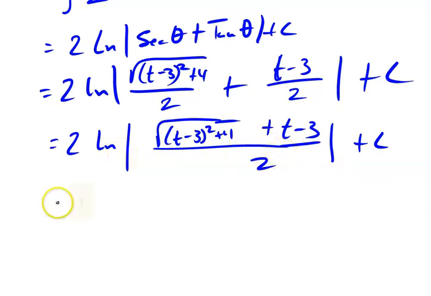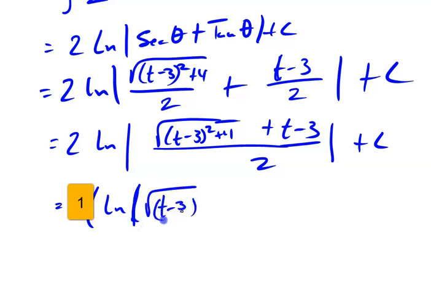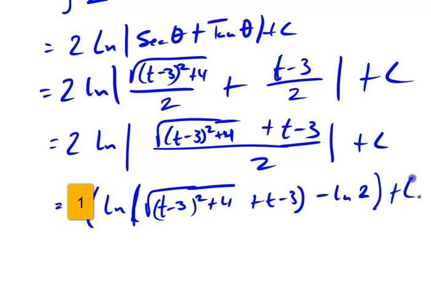So they can rewrite this as 2 times the natural log of the absolute value of the numerator, square root of t minus 3 squared plus 4, plus t minus 3, minus the natural log of the denominator, which is 2, plus a constant. And that should be an absolute value sign.